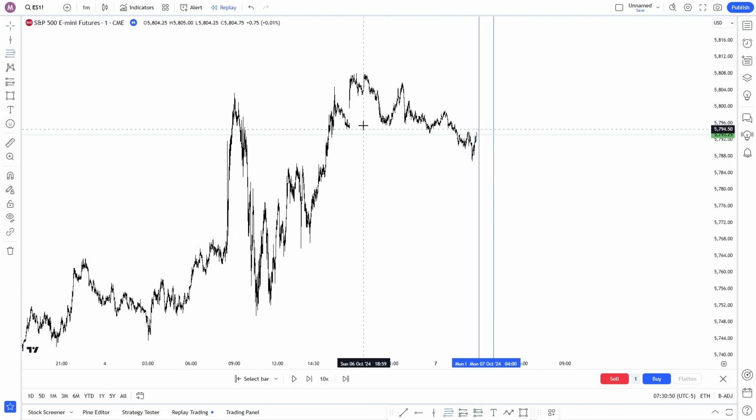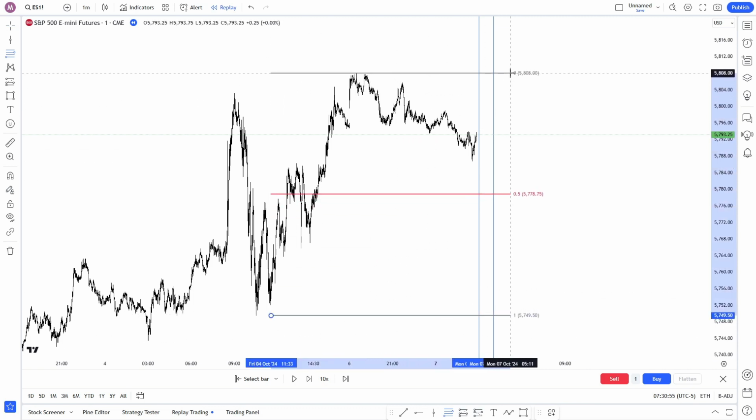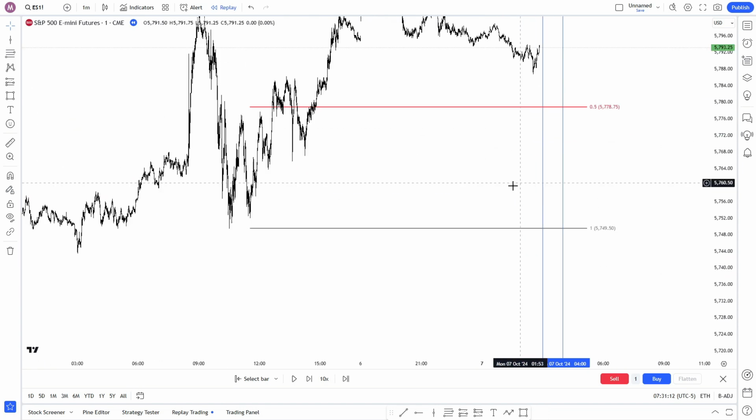So this is what we have. We have this range low, this range high, and 50% is here. And we'll be looking to target these lows here after taking the buy side liquidity from these relatively equal highs here. So we'll look for a displacement and then a fair value gap to enter off to try to target these lows here.